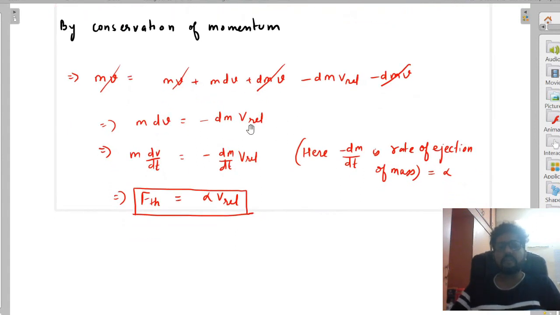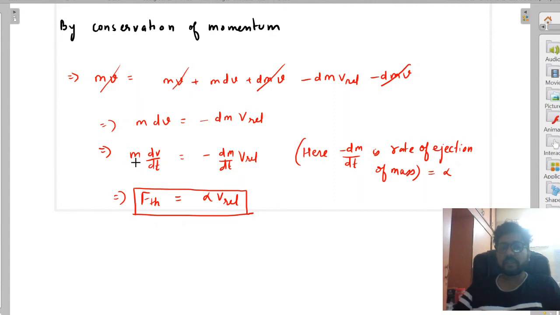But we have also assumed that v relative is a constant. So now we divide both sides by dt. You will write m dv by dt is equal to minus dm by dt into v relative. Now listen to me carefully. Minus dm by dt is the rate of ejection of mass, that is alpha. So this m dv by dt is called F thrust.